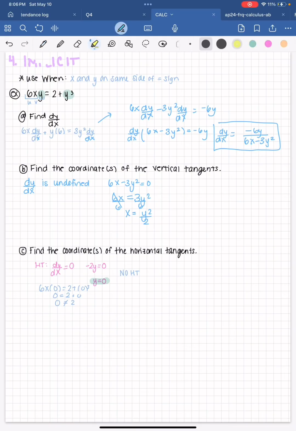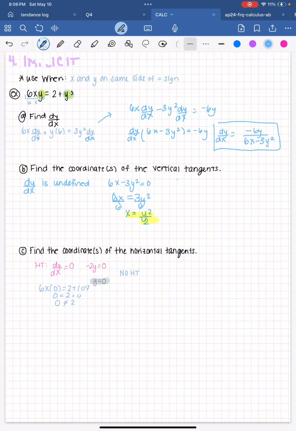We're now going to take this and plug it back into the original everywhere I see an x.